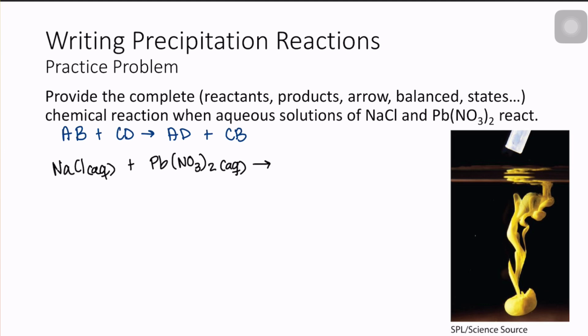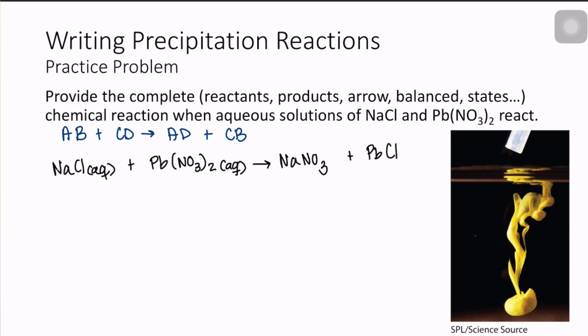So when I predict the products for this, I am going to switch my two cations. The sodium is now going to become partners with the nitrate. It's going to switch places with the lead. And then the lead is going to switch places with the sodium and become partners with the chloride.